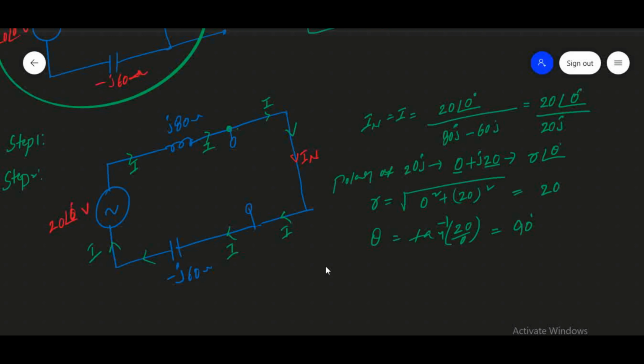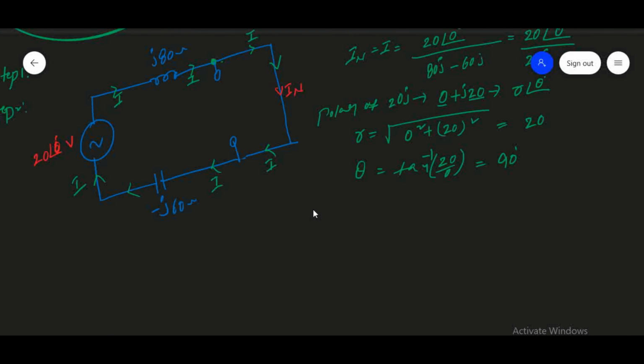Let us substitute here. The polar form of 0 plus j20 is 20 with an angle of 90 degrees. Now IN is equal to 20 angle 0 degrees by 20 angle 90 degrees. The 20 gets cancelled, and the 90 goes to the upper side, so 1 with an angle of 0 minus 90 degrees, which gives 1 with an angle of minus 90 degrees.